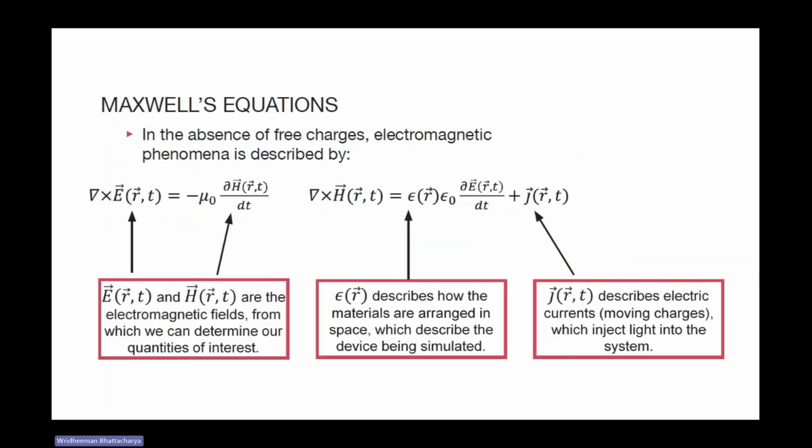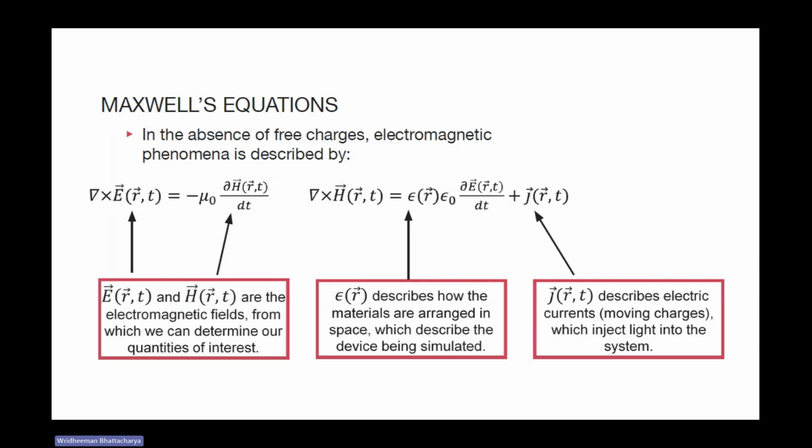It generally revolves around Maxwell's equations. In the absence of free charges, the electromagnetic phenomena are generally described by these two equations. The E and the H are the electromagnetic fields from which we can determine our quantities of interest, whereas the eta describes the materials arranged in the space, which describe the device being simulated, which has its own effect.